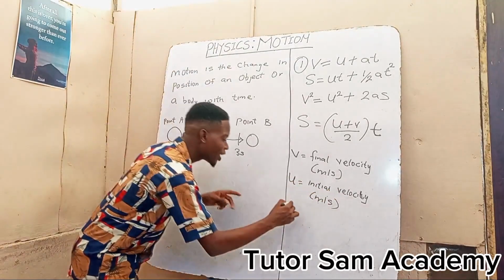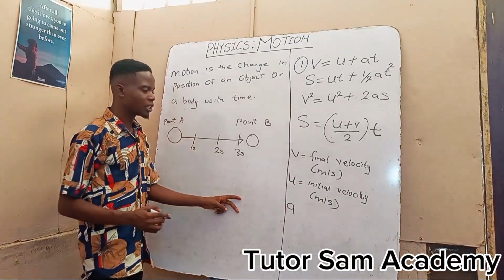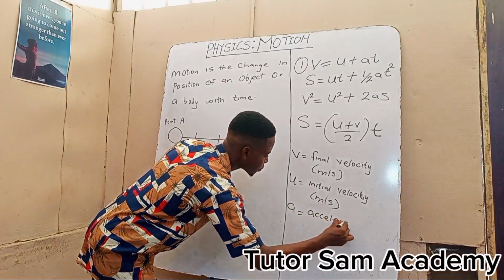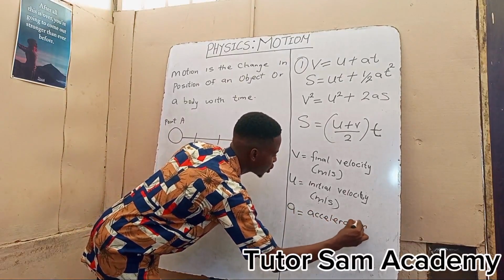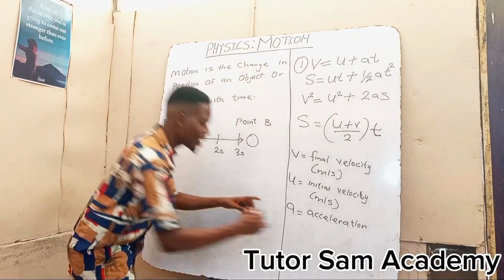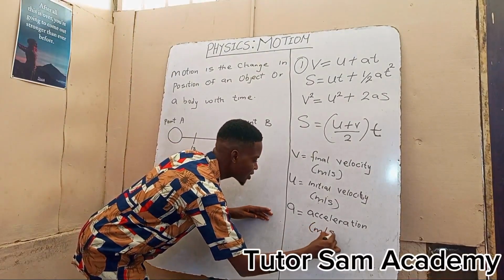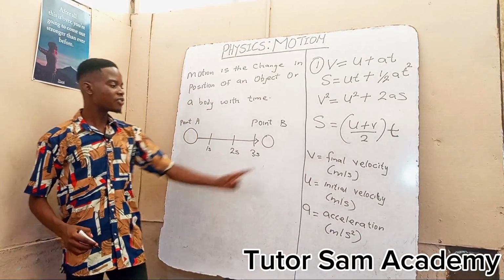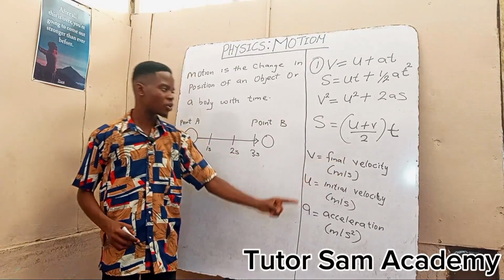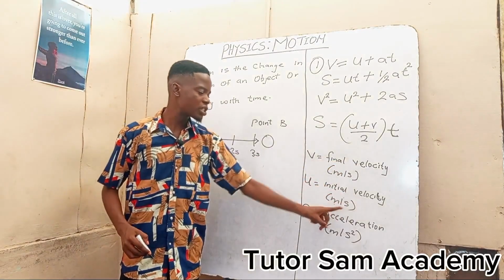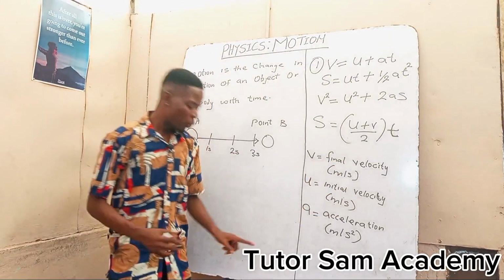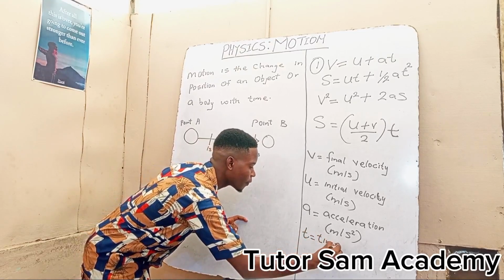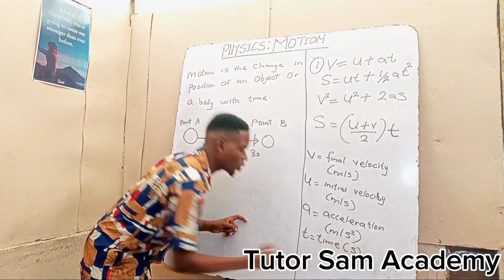We also have acceleration of the body. A is acceleration of the body, and the unit of acceleration is meter per second square. We also have our T, which is time. The unit of time is seconds.